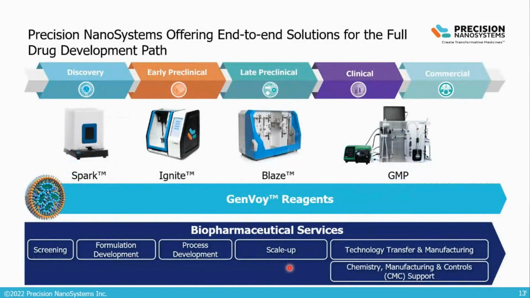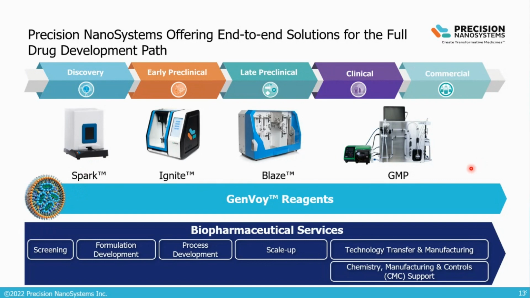Now, before I pass the presentation to Rika, I just want to take a moment to put this reagent kit in the context of what Precision Nanosystem has to offer for the full drug development path. Our lipid nanoparticle reagent kits are optimized to work on the NanoAssemblr instruments, as shown here.